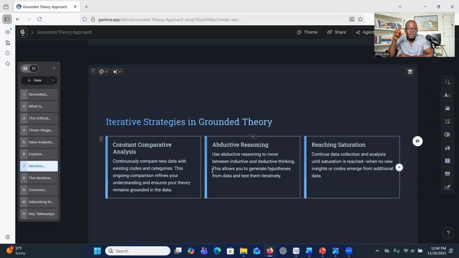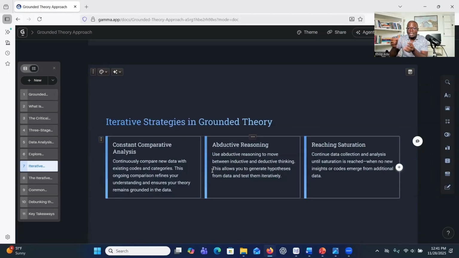But when you develop a theory, you have to go back and apply constant comparative analysis, comparing what you have proposed in terms of the theory to what is in the data. So you see that in the middle, you suggest a theory based on the initial data. You go back to the data again, or you collect more data, and see whether the data is confirming the theory that you have developed.